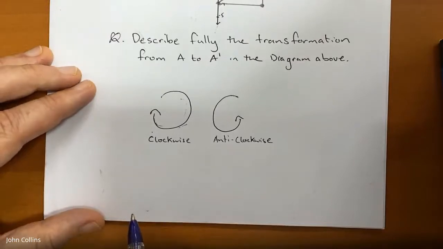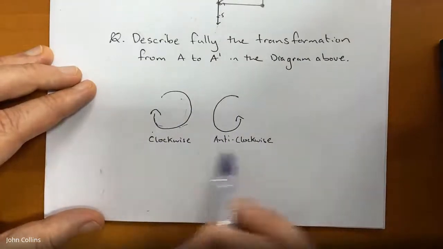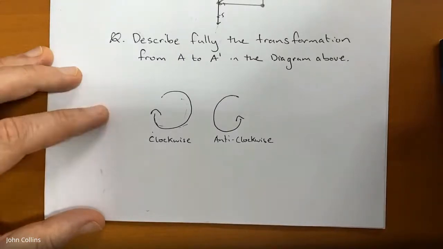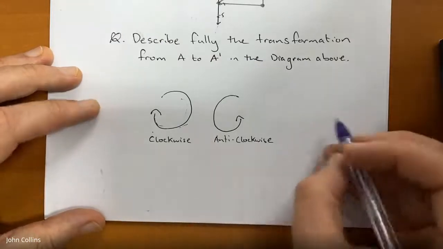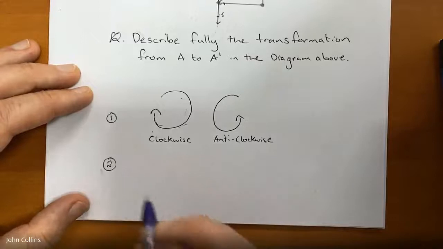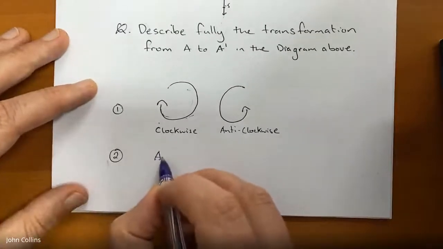So if we're describing a rotation, something that has twirled around, we have to use one of these words to describe it. So that's one thing we need for rotation. The second thing we need for rotation is the angle.